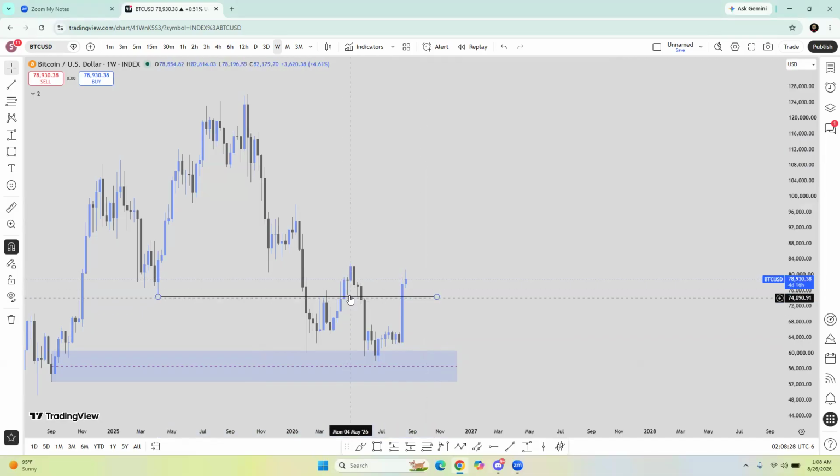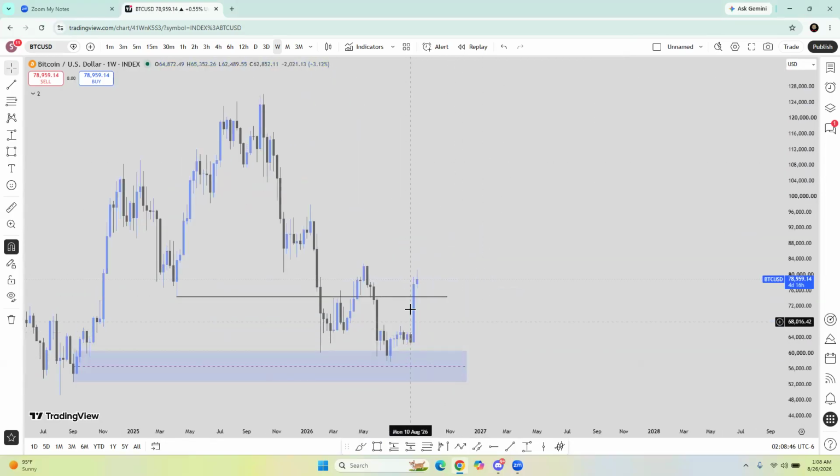We reclaimed, we didn't test it, we tested here and then we lost. So this area is a crucial one, this one. We have to retest it first and then stabilize above here for bullish confirmation. After all, this big candle, price is a bit bullish, not more than a bit bullish here.